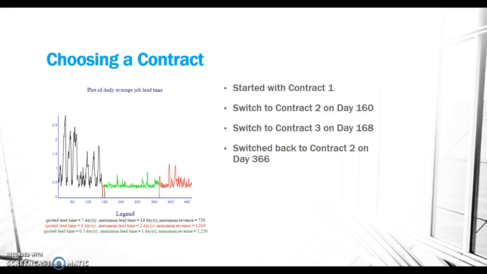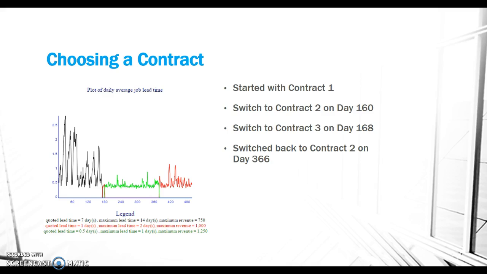Okay, so when we're choosing the contracts, we mostly look at the lead times that we're having and the capacity in the machines. Each contract had a lead time they mentioned as optimal for that specific contract. In the first 50 days that we talked about earlier, we had contract 1.